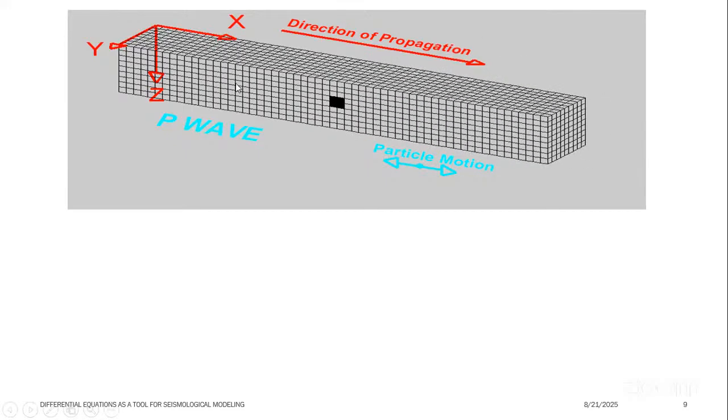Our x-axis is the direction of wave propagation, and the particle is also moving back and forth. Because of this, it has the highest velocity. P means primary, and why primary? Because it is the first one to be recorded on the seismograph. The velocity of the P wave depends on the medium in which it is propagating. It's around 1 to 14 kilometers per second.